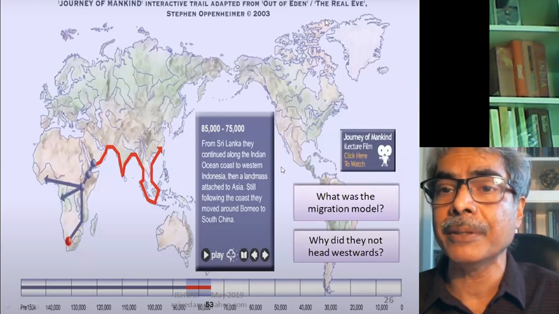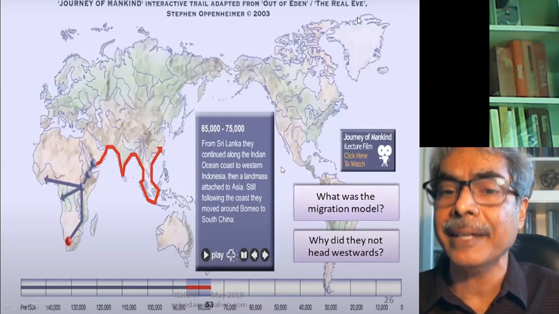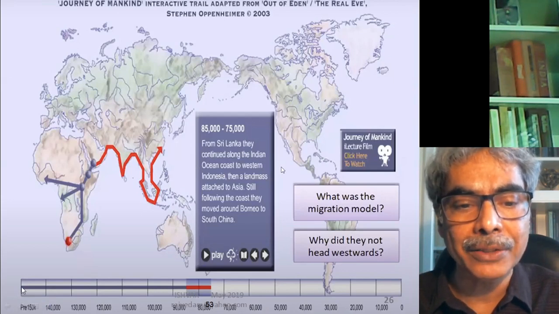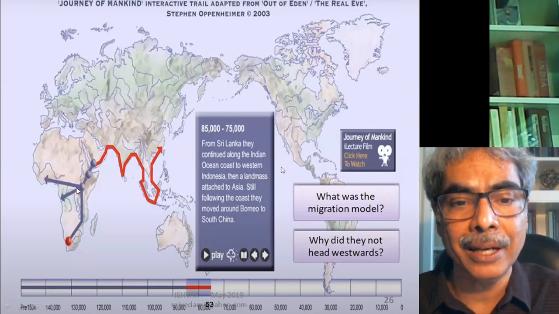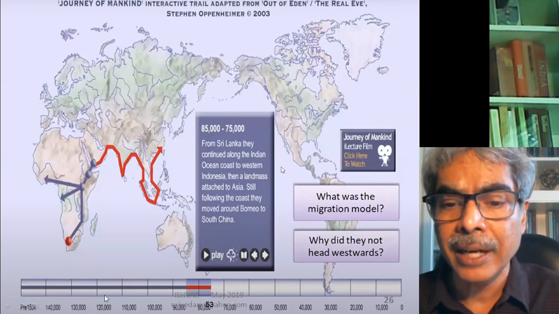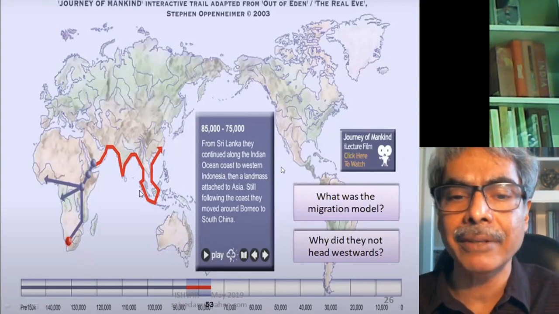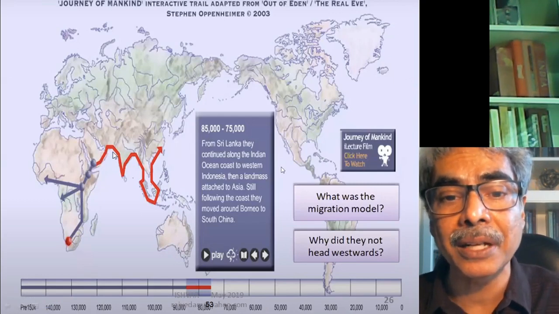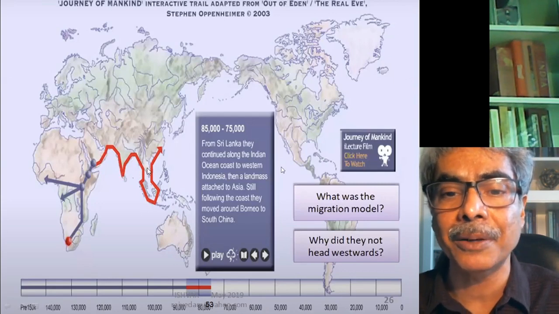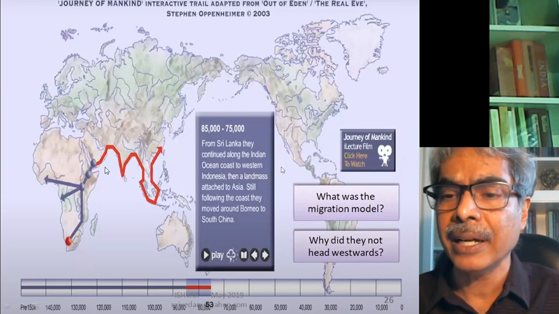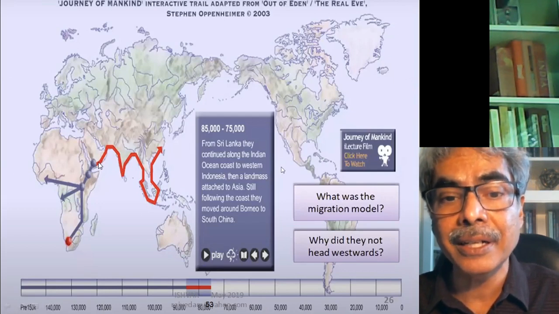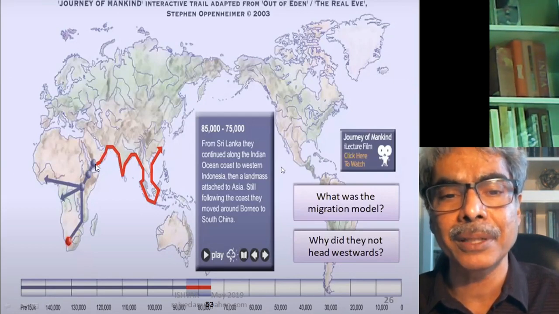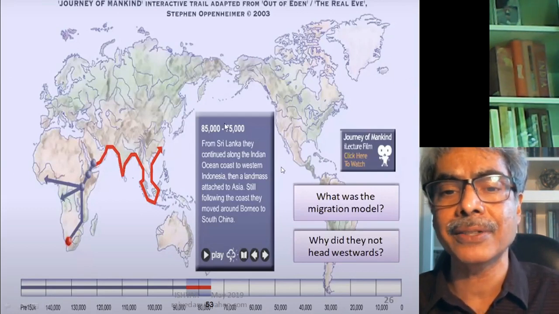So Stephen Oppenheimer, in the book Out of Eden or The Real Eve, he's showing that before 150,000 years ago is when the Homo sapiens arose in some place in Africa, and around 85 to 75,000 years ago, he says a group of individuals left Africa, hugged the coastline over here through the triangular part of India all the way to Sumatra and other places, and he says that this was a generation by generation migration.